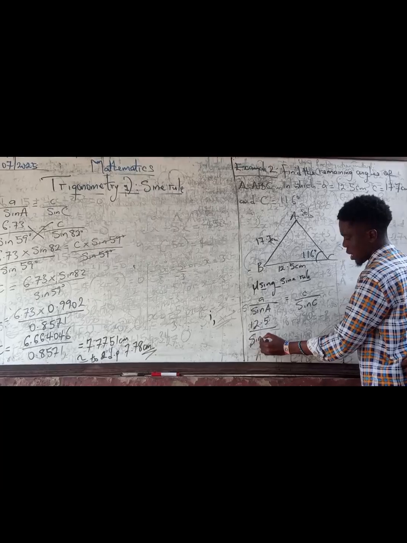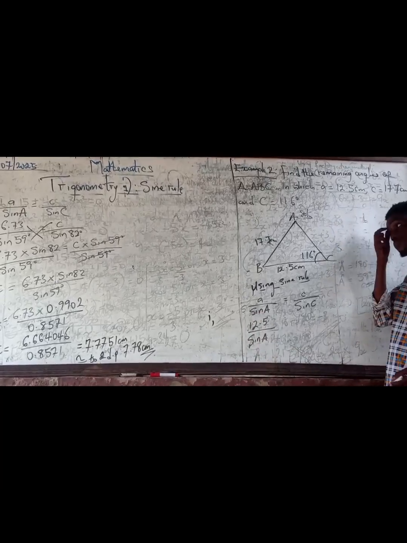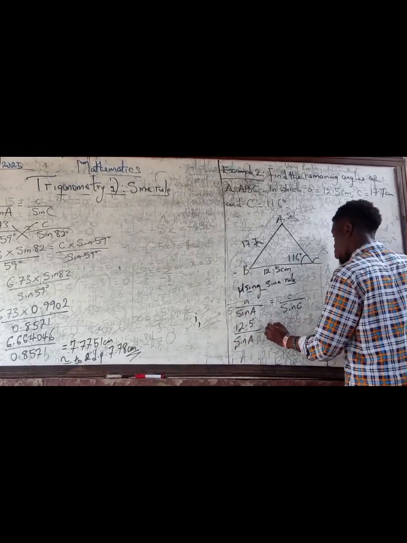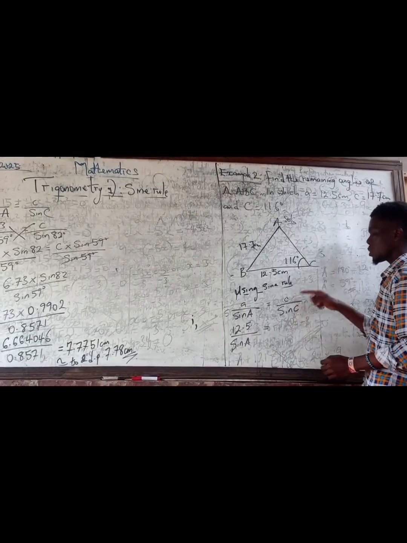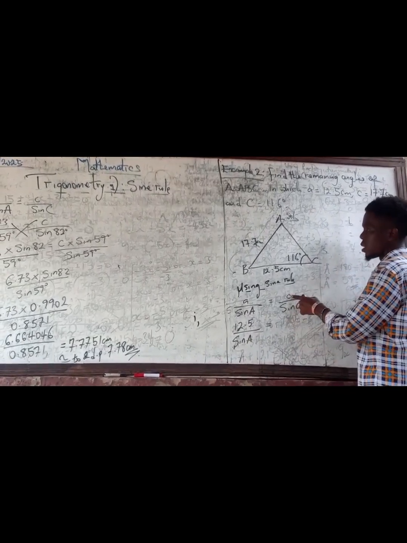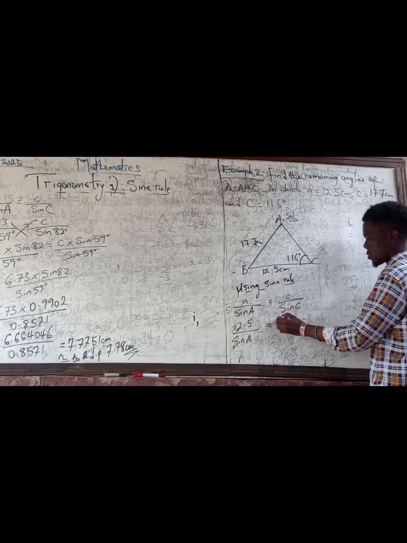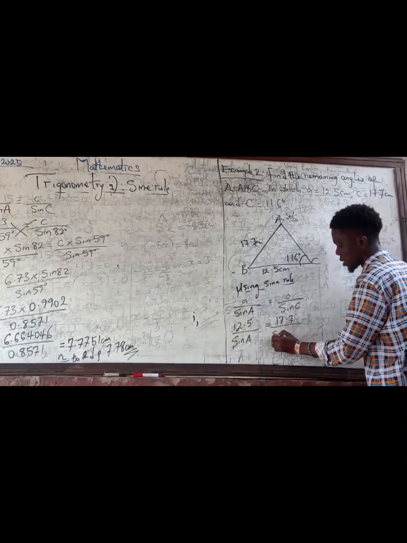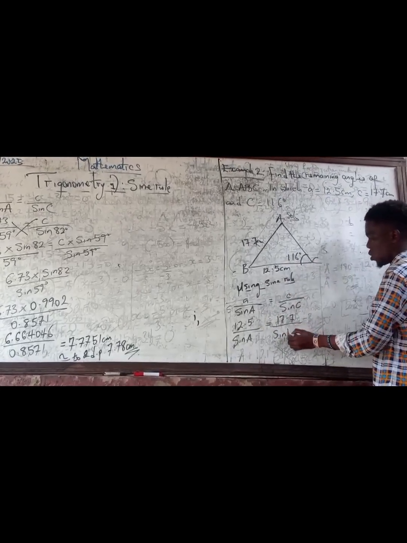So we just call this sine A. It's equal to, this is c, so we know that c is 17.7 over sine of the angle there, which is 116.